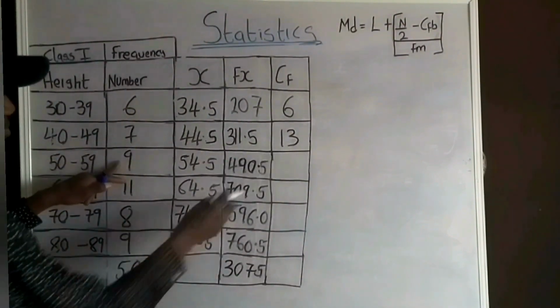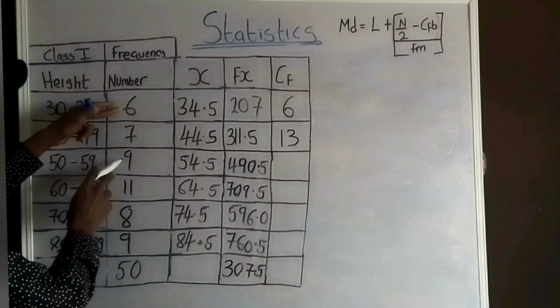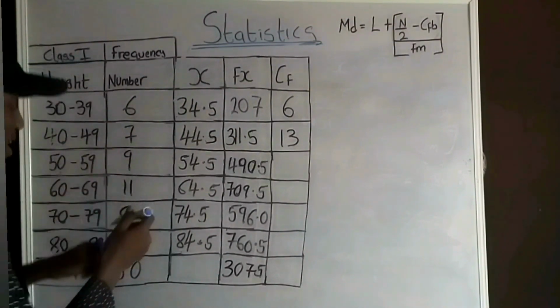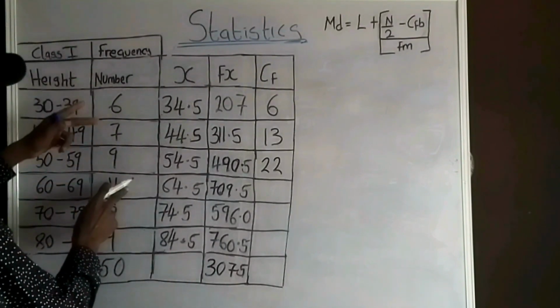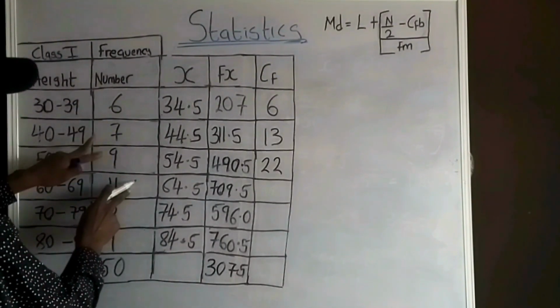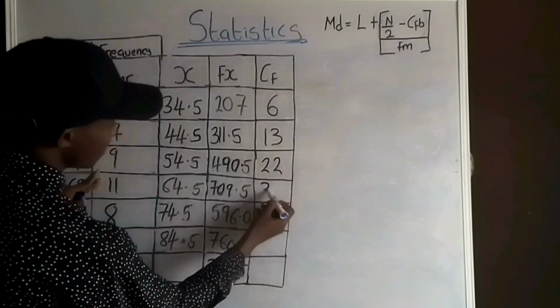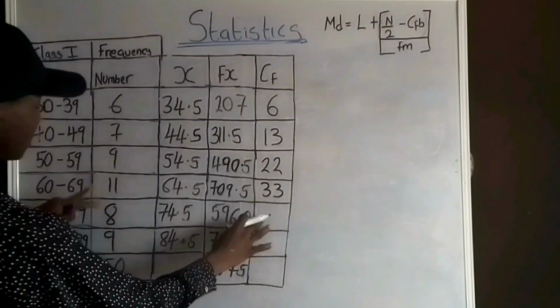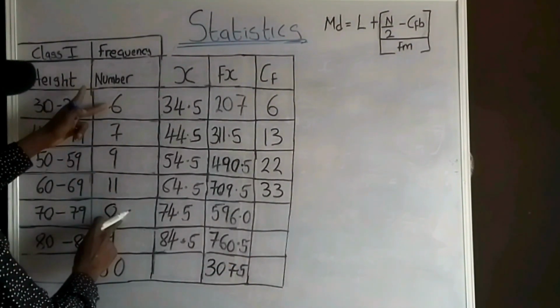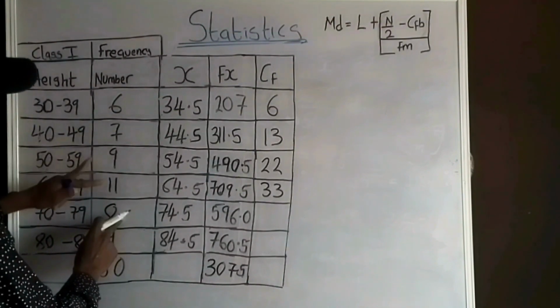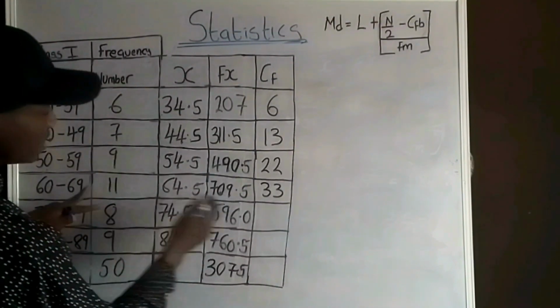And for the next cell, the cumulative frequency will be 6 plus 7 plus 9, that will be 22. And for this cell, I'm going to have 6 plus 7 plus 9 plus 11. This is 33. And to get this cell, it will be the sum of the frequencies before it, so 6 plus 7 plus 9 plus 11 plus 8. This will give me 41.